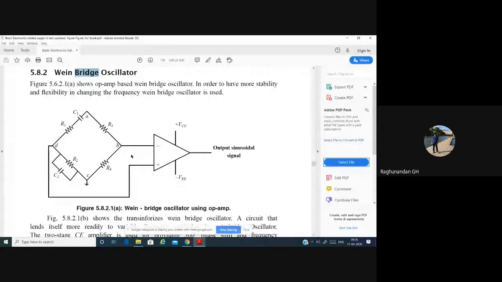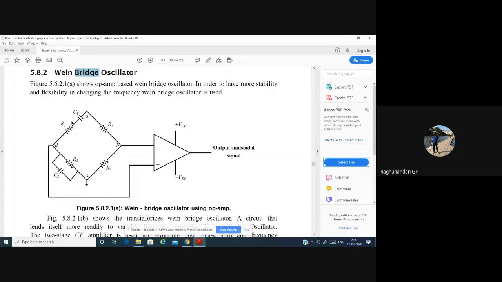One input is given to the inverting terminal, another to the non-inverting terminal. Here we have R2 C2 R1 C1. Based upon these resistances and capacitances, you can tune the particular frequency of the desired signal.